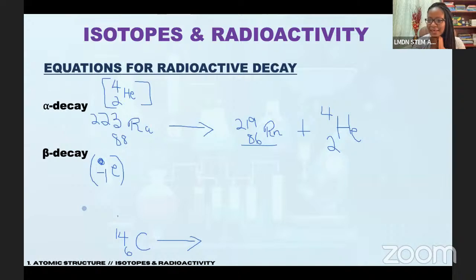For beta decay, when you have these electron-like particles that are liberated, it's a nuclear phenomenon, and you have a neutron from the nucleus of that atom, of that isotope, that gets transformed into a proton and an electron. So I'm going to show you mathematically how they represent this. But just think about that for a little bit, guys. Sit with that.